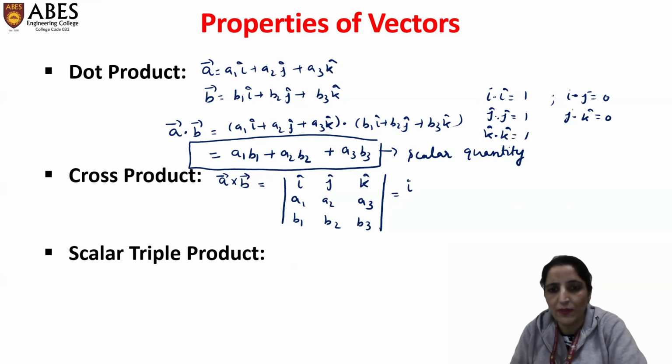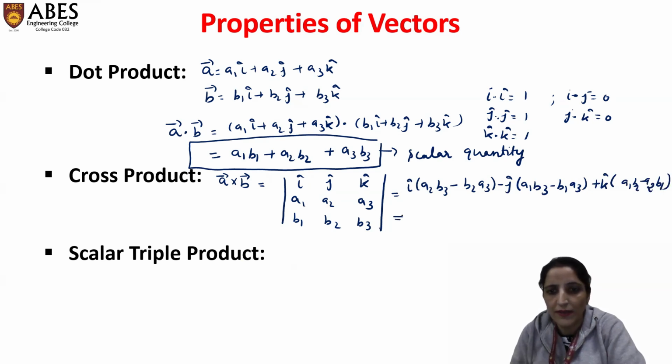Now after expanding this, like we expand determinants, we get (A2B3 minus B2A3) i minus j times (A1B3 minus B1A3) plus k times (A1B2 minus A2B1). So we can see that the cross product is a vector quantity.